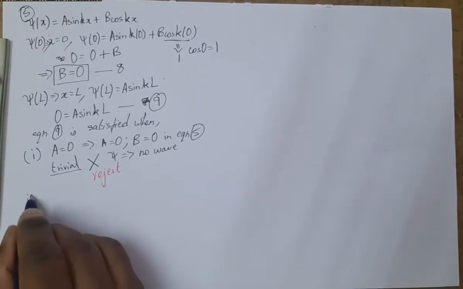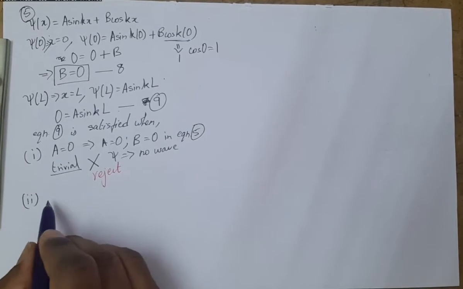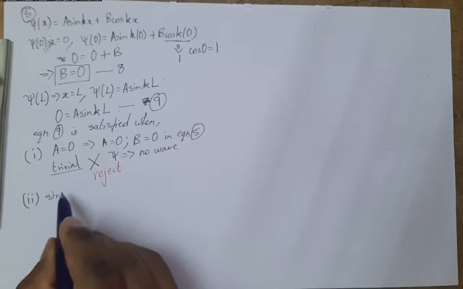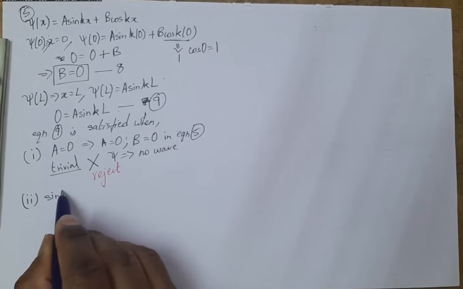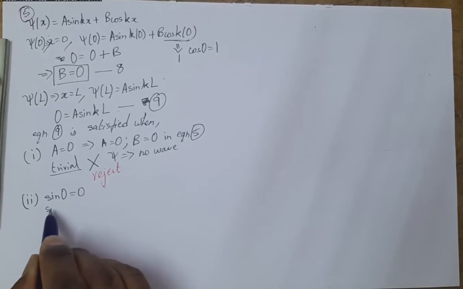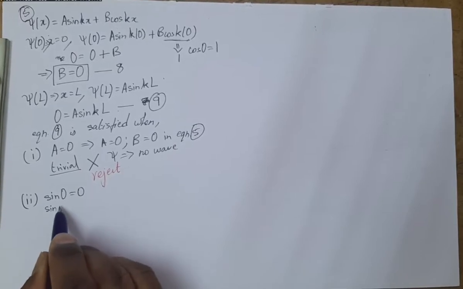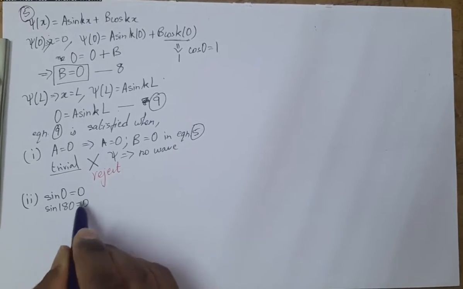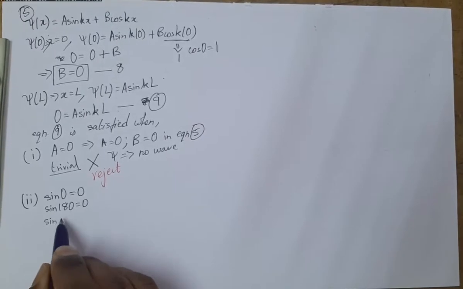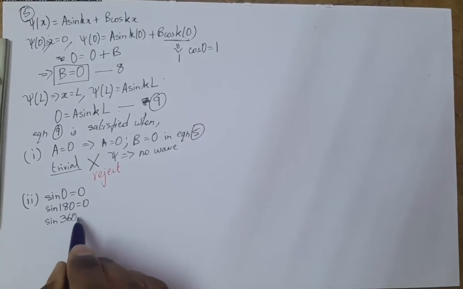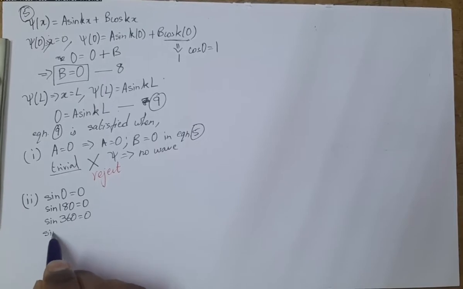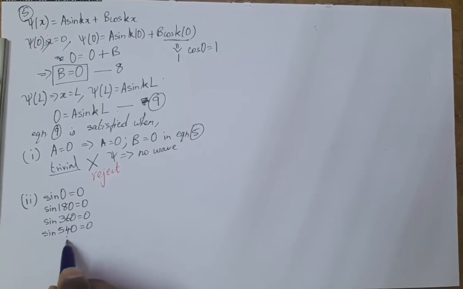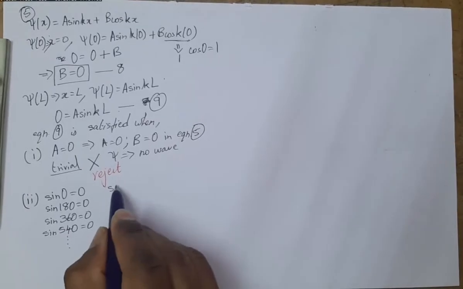The second thing is, we know that sine of 0 is 0, sine of 180 is 0, sine of 360 is 0, sine of 540 equal to 0, and so on.